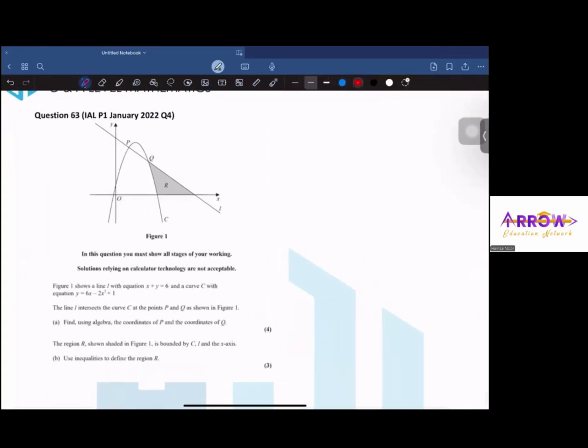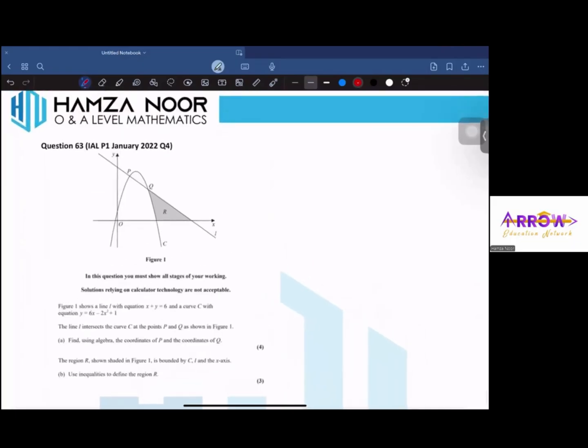So the question says that figure 1 shows a line L with equation x plus y is equal to 6 and a curve C with equation y is equal to 6x minus 2x squared plus 1. The line L intersects the curve C at the points P and Q as shown in figure 1. Find, using algebra, the coordinates of P and the coordinates of Q.